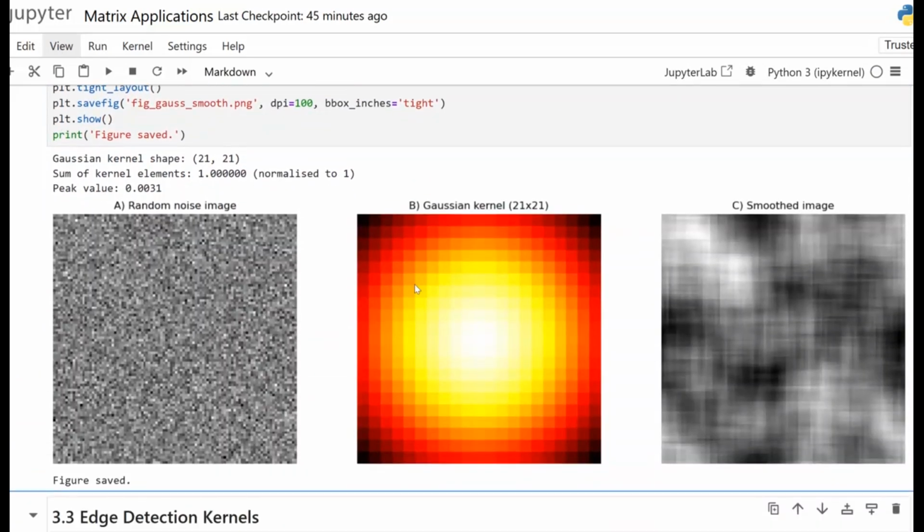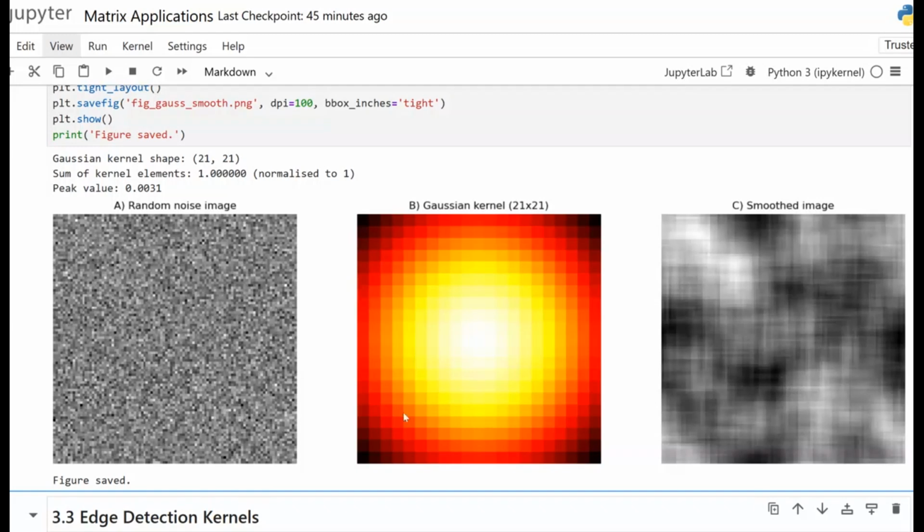Kindly see, dear friends. Observe here, this is the original 100 by 100 image. This is the Gaussian kernel as a 21 by 21 matrix, where the bright center fades towards the edges. When convolved with the random noise image, the result is a blurred version, and the high frequency pixel-to-pixel noise is averaged out, leaving smooth low frequency patterns.